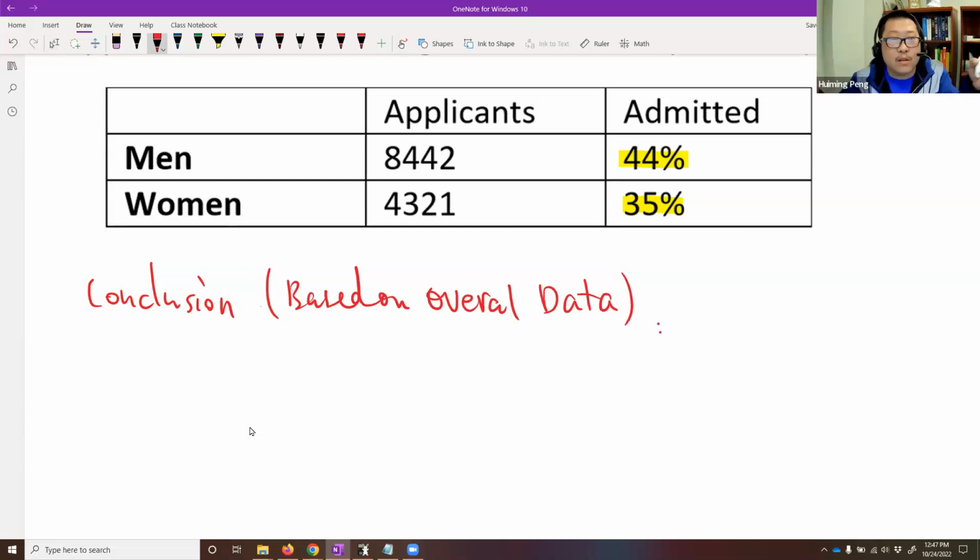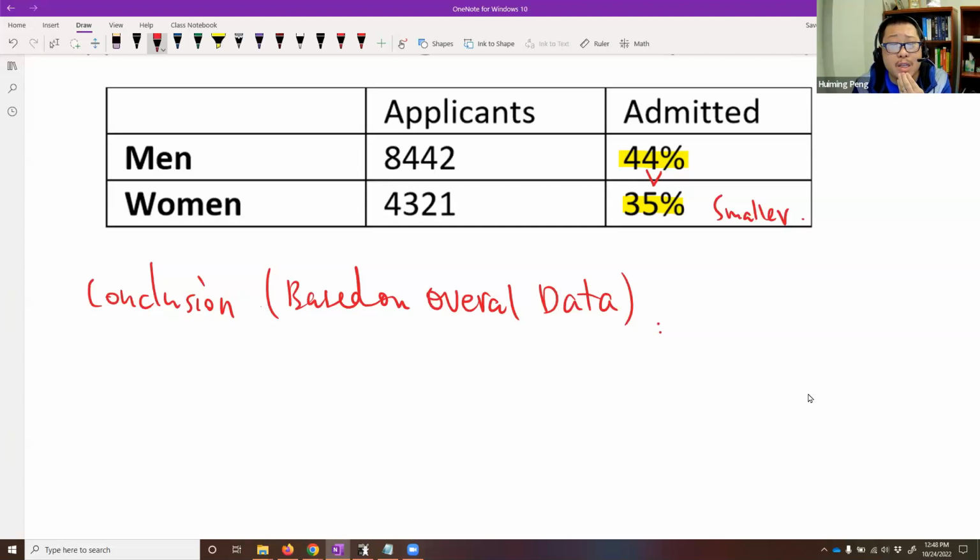Overall means we just look at the whole. Among all the female students, 35% were admitted. Among all the male students, 44%. This one is much larger, this one is smaller.